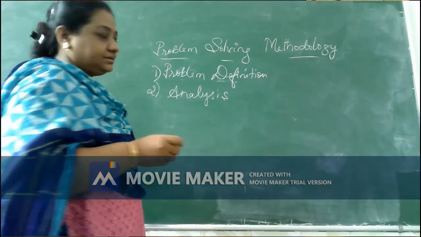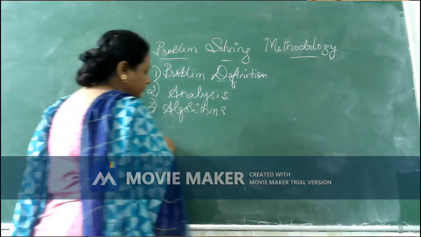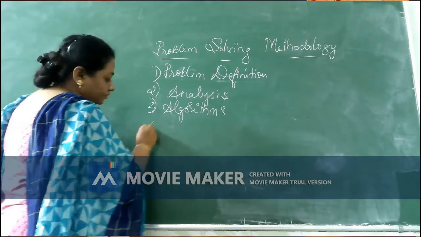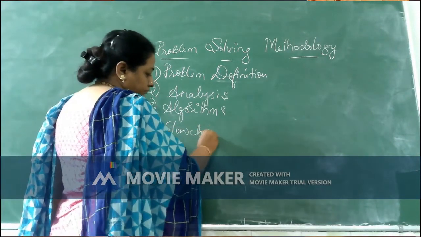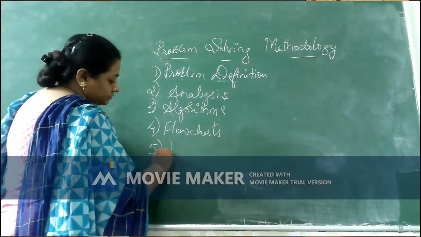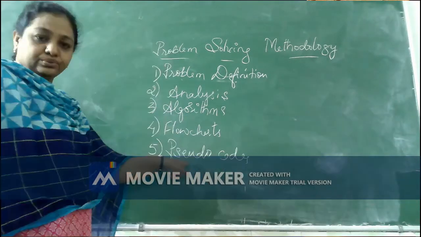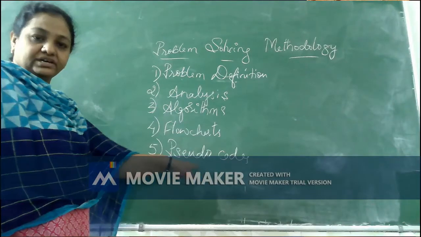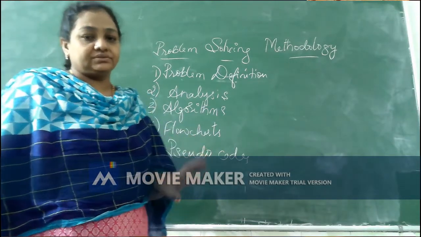But when we have to solve a problem with the help of a computer, we follow certain steps. Let us learn what are those steps we need to follow to solve the given problem. Basically there are 8 steps to be followed, and we will be learning each one of them in detail.